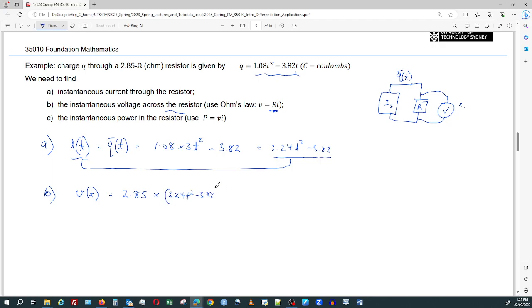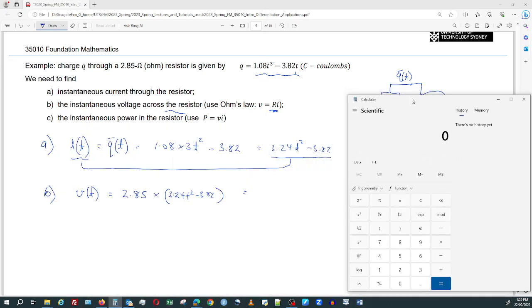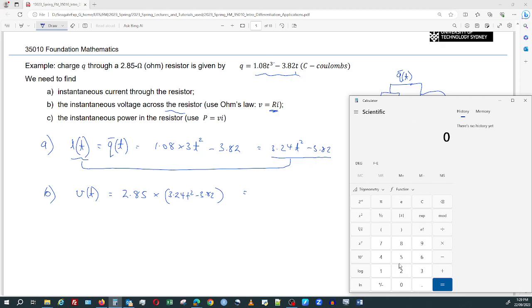So we better group that because it's got an algebraic plus minus happening. Okay. And so what's the voltage there? Let's get my calculator over. So we're looking at a general form. It didn't specify a particular time that it wanted to know this.